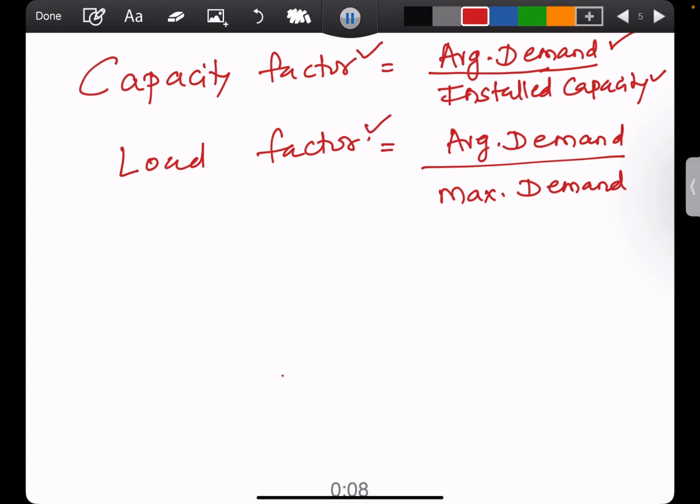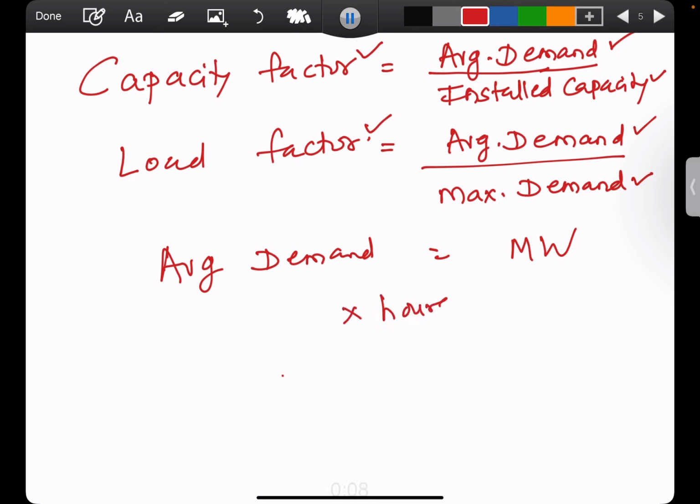Or if the load factor is given and the maximum demand is known, one can figure out the average demand. The average demand for a huge power plant would generally be in megawatts or gigawatts. If you know the average demand and you multiply it with the hours of operation, then you will get the units generated.